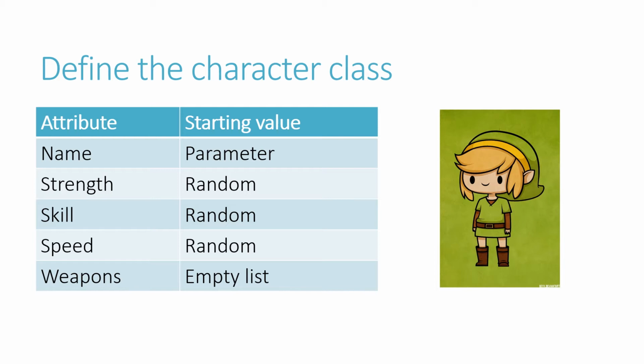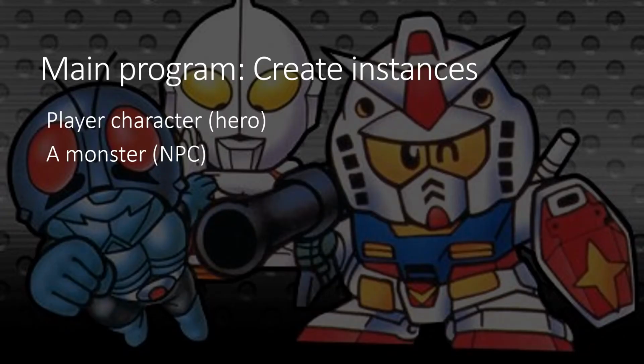You can keep this up on the screen and create a constructor that matches this definition. And in the main program, create 2 instances of the class: a player character, a hero, and a monster, a non-player character that the hero will battle against, in this case Gorgatron.